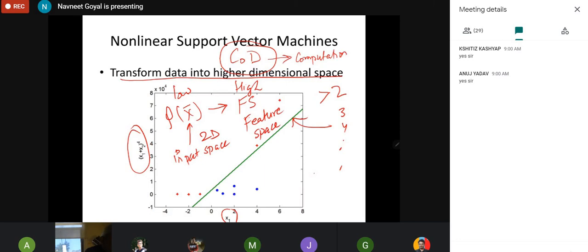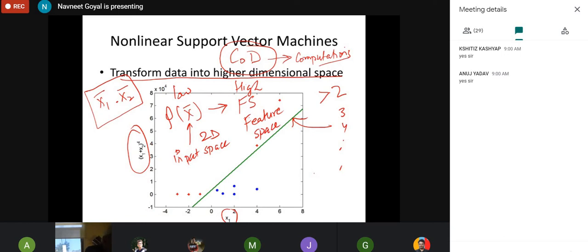If you recall, in the SVM formulation, you will see that there is a need to compute what is called the dot product between 2 input vectors all the time.